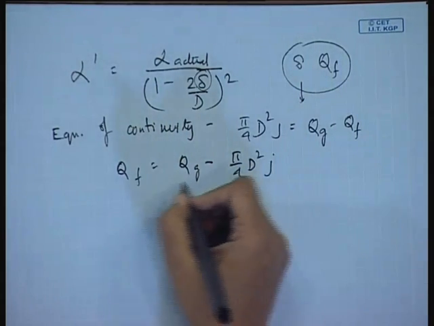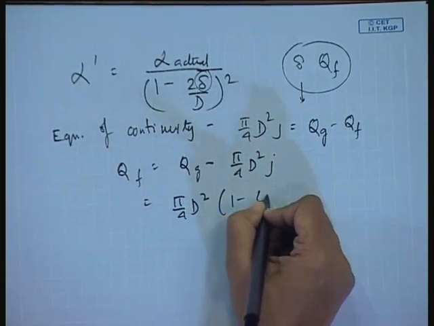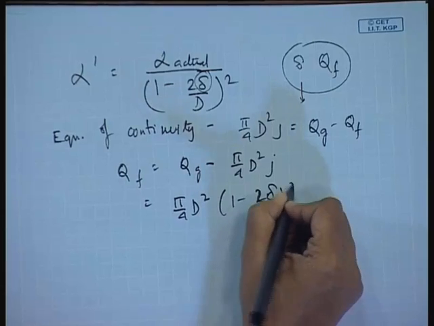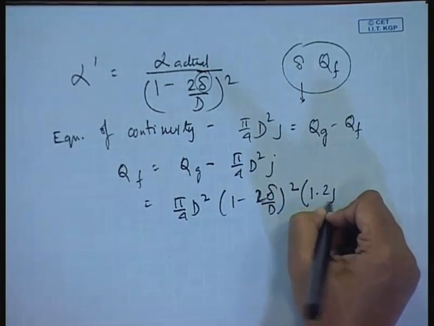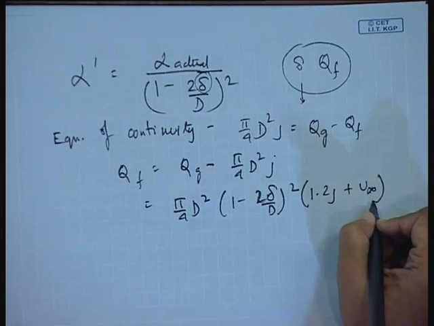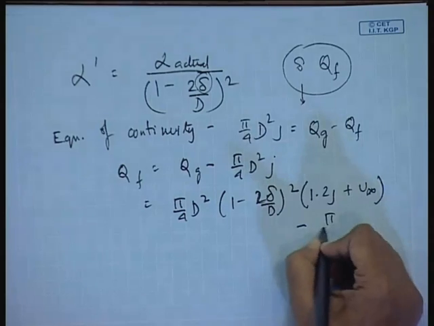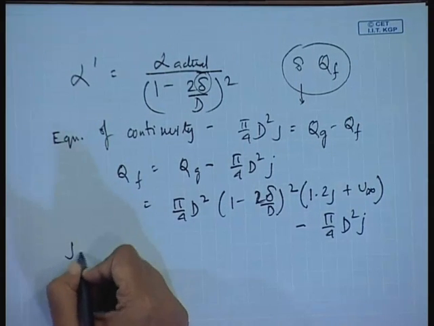Agreed? Or in other words, for this Qg we can write pi by 4 d square into 1 minus 2 delta by d whole square, and this into 1.2j plus u infinity; this entire thing gives you Qg, yes or no? This minus pi by 4 d square j, right? From the equation of continuity, for the total volumetric flow across any pipe cross section, we can get this particular part. So, from there what do we get? We get Jf.